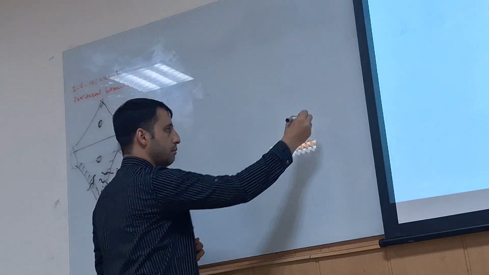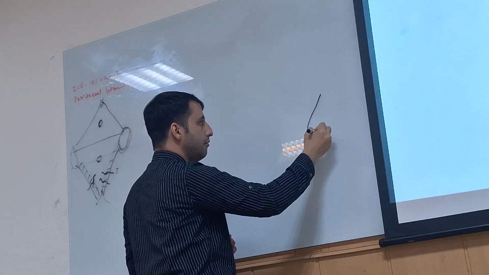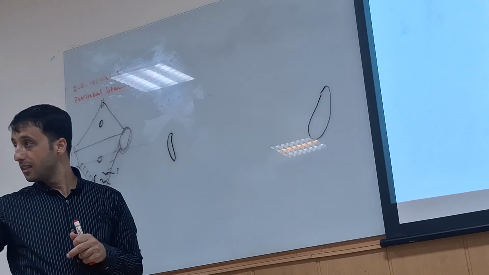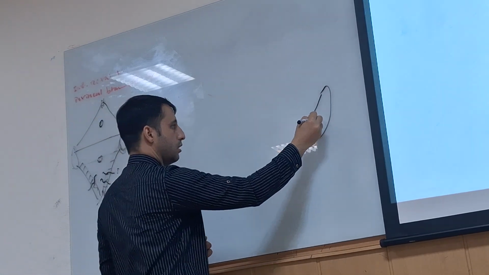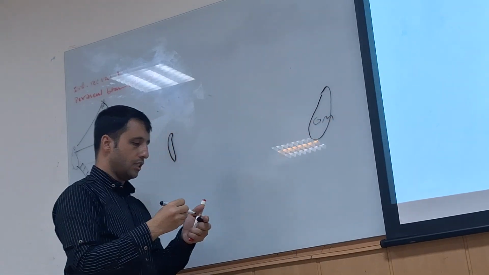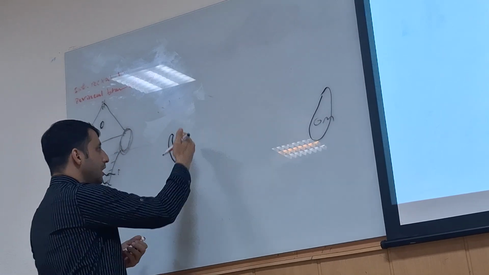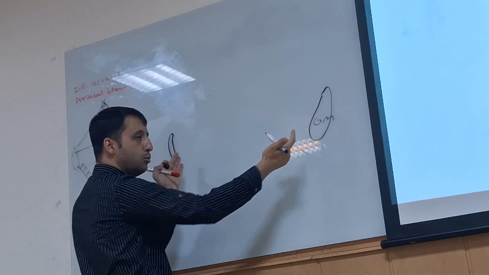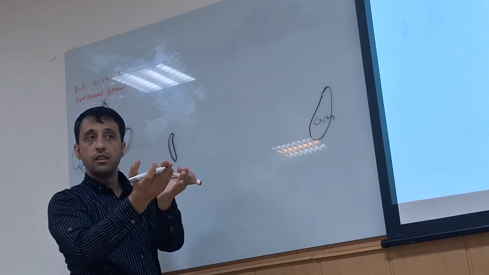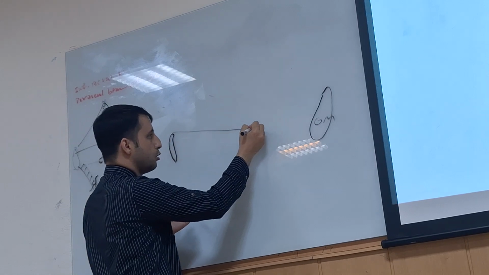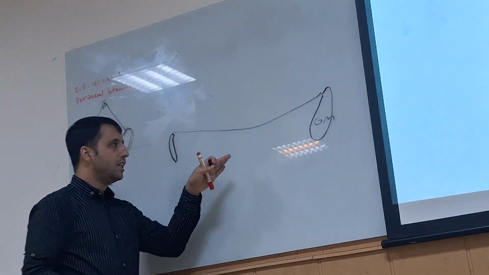Posteriorly, which structure is seen? Yes, gluteus maximus. Gluteus maximus is seen posteriorly. Okay, and here between these two muscles I have levator ani.